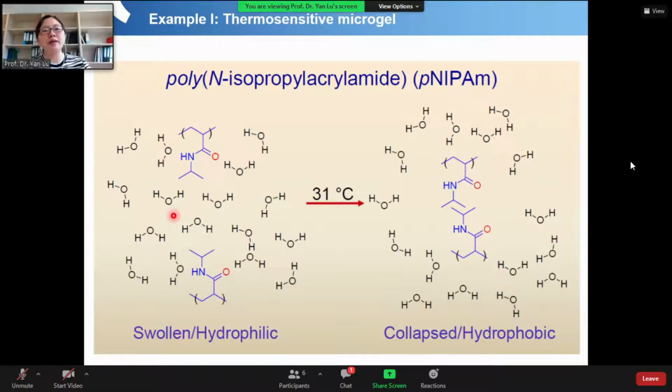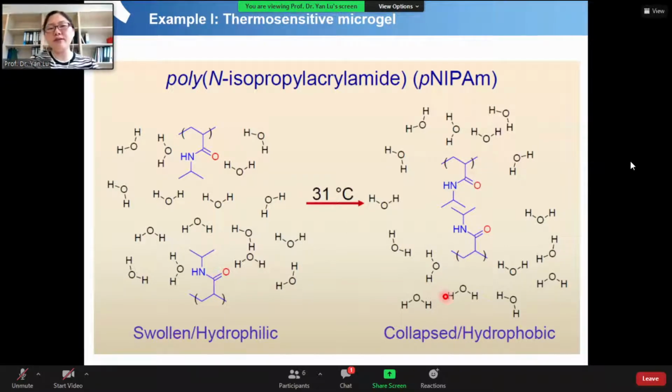Then when we increase the temperature above the transition temperature, LCST, they will transfer to the collapsed state of the polymer chains. In this case, the polymer-polymer interaction will be the dominant one, because the hydrogen bonding at high temperature will be broken.